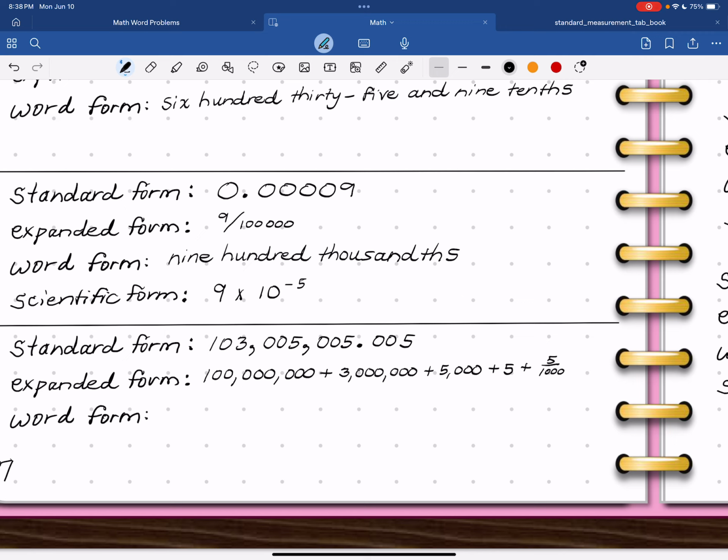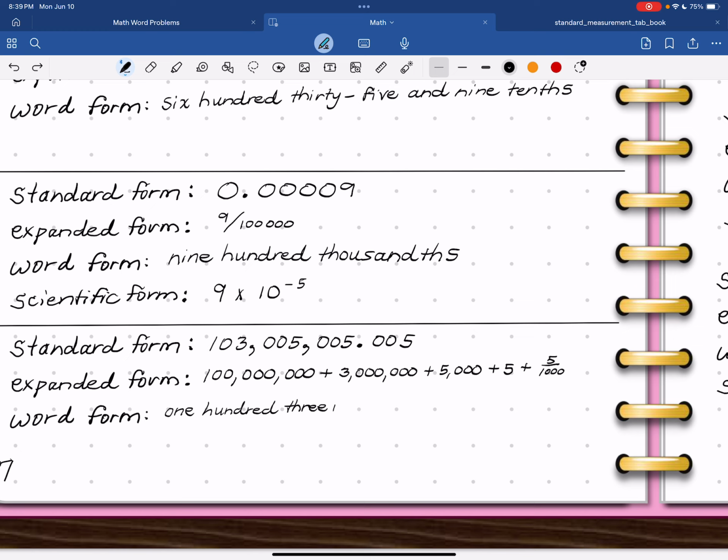So this will help me with my word form. In the millions period, I have 103. And then we're moving into the thousands period. I don't want the and in there. That's the decimal point. So 103 million.